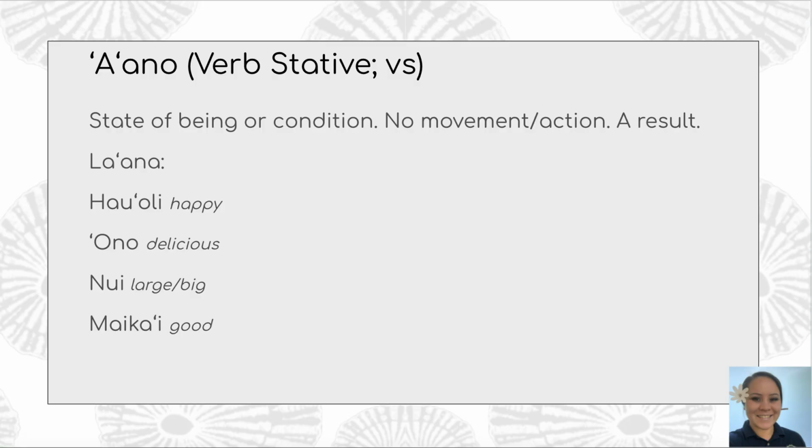These are non-action words, verbs that have no movement, yeah, no action. For example, hau'oli or happy, 'ono or delicious, nui as in large or big, and maika'i, good. Yeah, so one way to remember a'ano, within that word you have the word 'ano, which means type. Yeah, so the type of something or a condition of something. Yeah, a result. Really, it's a result.